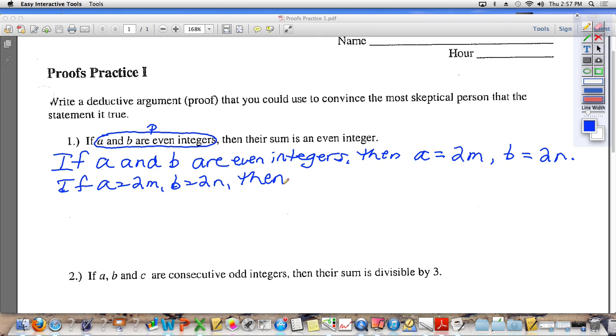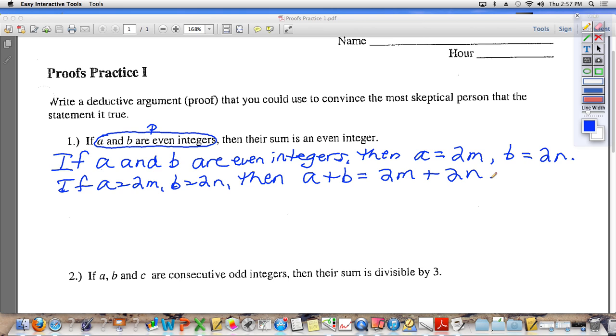And our goal here is to show that their sum is an even integer. That means when you add them together, you get an even number. So what we need to do now is add them together. So if A equals 2m, B equals 2n, then A plus B is equal to 2m plus 2n.